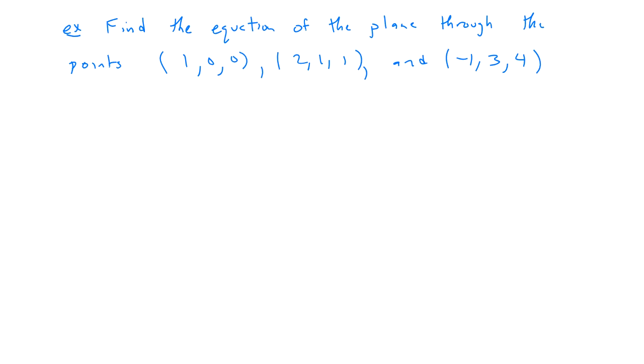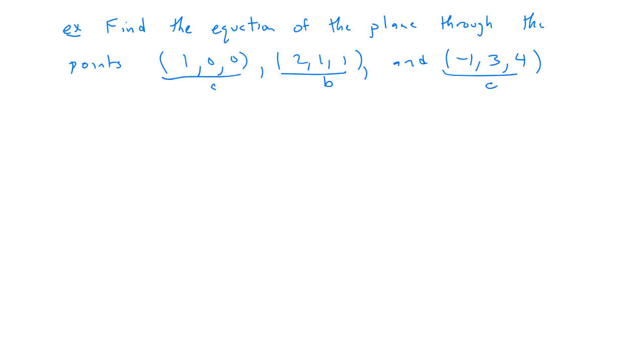Just so I don't have to do it, let me give some of these names. This is the point A, this is the point B, and this is the point C. The first thing is we can pretty easily get vectors that are parallel to the plane. So how would I get a vector that's parallel to the plane? Right, just a displacement vector.